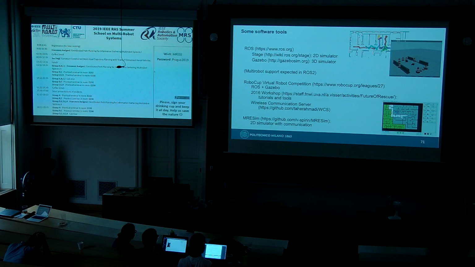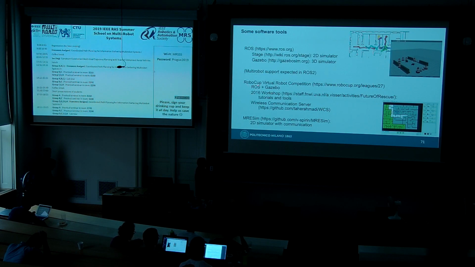If you are using ROS for multi-robot systems, you don't have any native way to implement the effect that there is no communication between two robots, so you have to add something. This is the solution that we, having participated for some years in the virtual robot competition, came up with. It is basically a ROS node that manages the possibility of connecting between multiple robots.